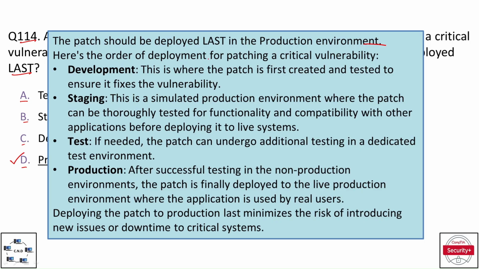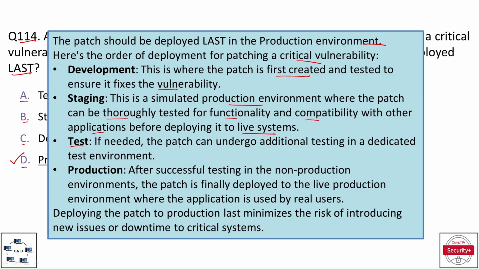Here is the order of deployment for patching a critical vulnerability. Development, so this is where the patch is first created and tested to ensure it fixes the vulnerabilities. Staging, this is a simulated production environment where the patch can be thoroughly tested for functionality and compatibility with other applications before deploying it to live systems.